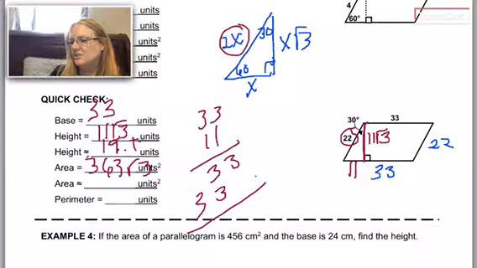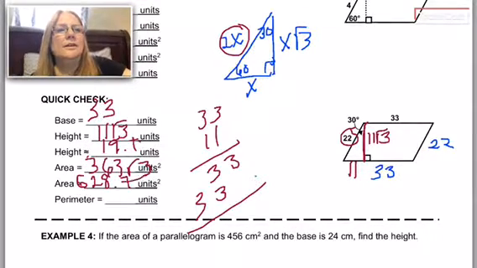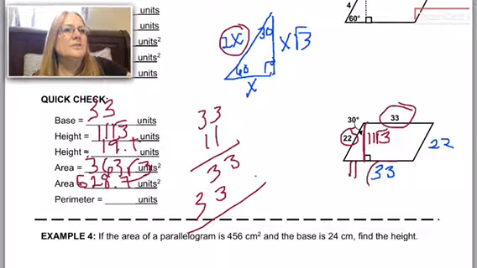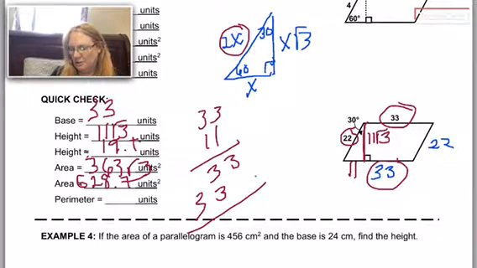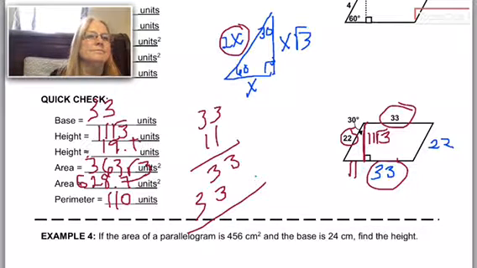It's approximately 628.7. And then we'll just add up all the sides. 33, 33, 22, and 22, and I get 110 units.